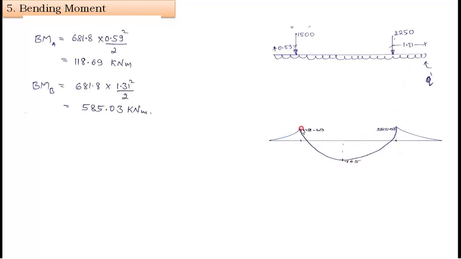The joining of these two bending moments will be parabolic in shape because a UDL acts throughout the beam. Now how much is the maximum in the middle span? That I need to determine. To determine the maximum bending moment we use one criterion: where the shear force is 0, the bending moment will be maximum.